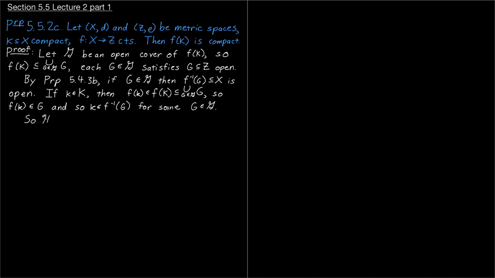So this collection H, the set of all f inverse of G such that G is in our open cover, is a collection of open sets in X that cover K. So H is an open cover of K.